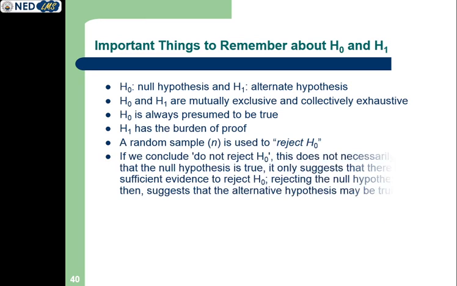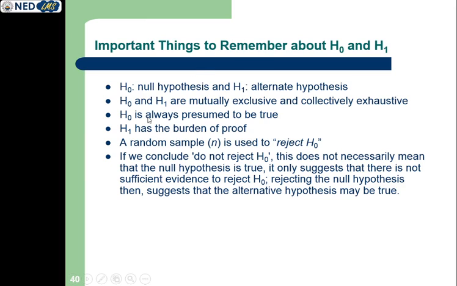Collectively, these are important points. As we already discussed, the alternative hypothesis H1 has the burden to prove. H1 must be proved. H0, the null hypothesis, is always pre-assumed to be true. So see this one, students: by default the null hypothesis is true.